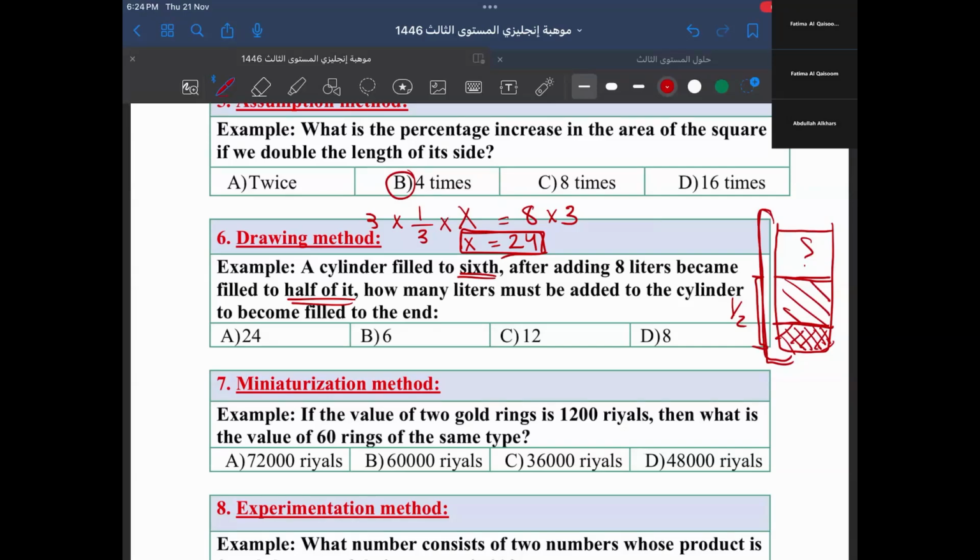Exactly, Abdullah. Here they're asking how much should be added, and it was already half full, so I need to add half more. The half of 24 is 12. So the answer is C.